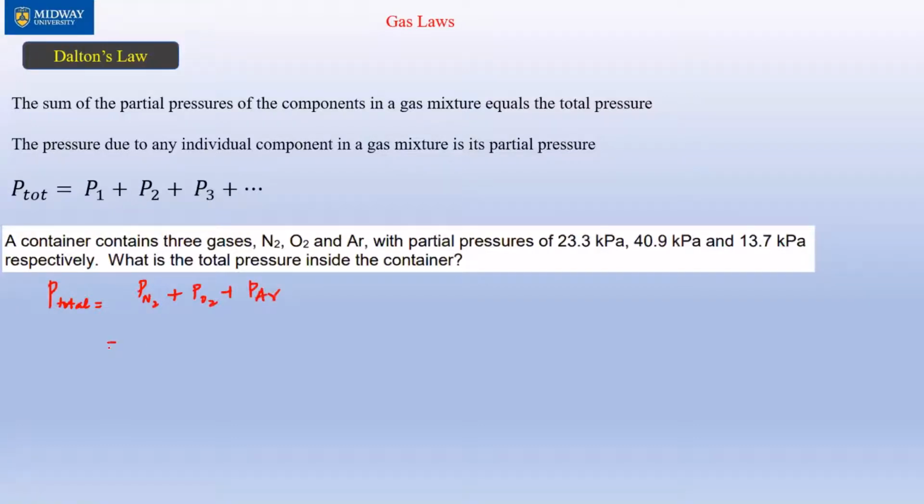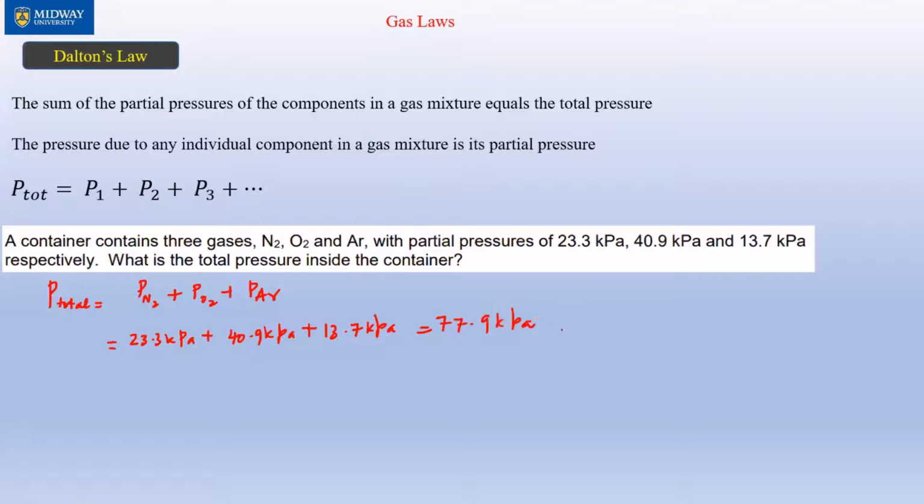You do not have to convert anything because it's pressure. All you do is 23.3 kilopascals plus 40.9 kilopascals plus 13.7 kilopascals. Add them all up, and that's your Dalton's law of total pressure as the sum of partial pressures. So 23.3 plus 40.9 plus 13.7 is 77.9 kilopascals.